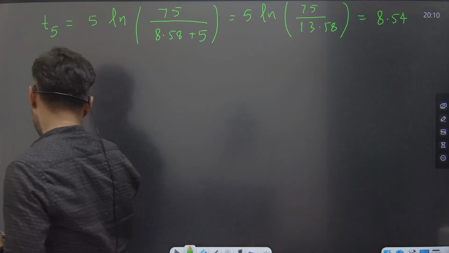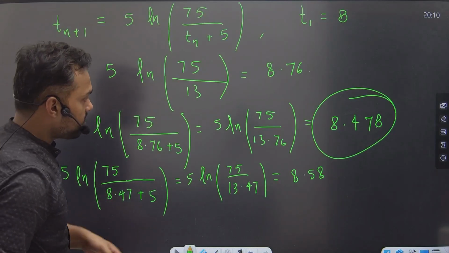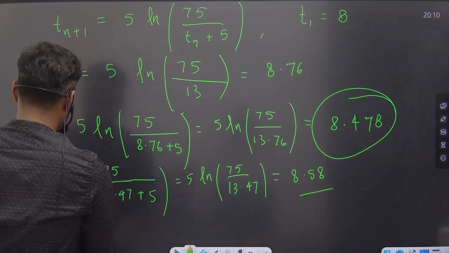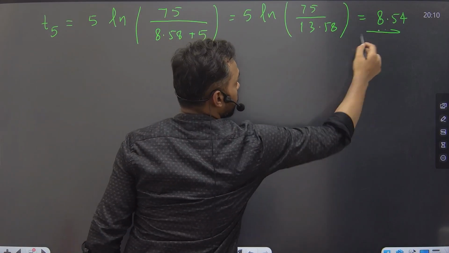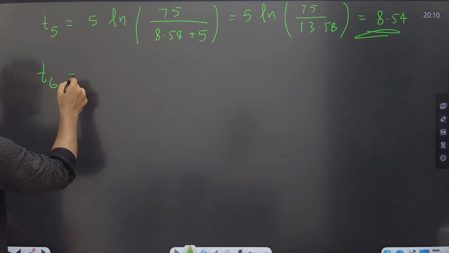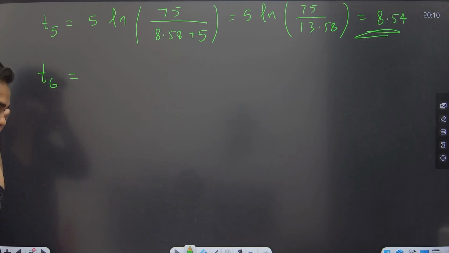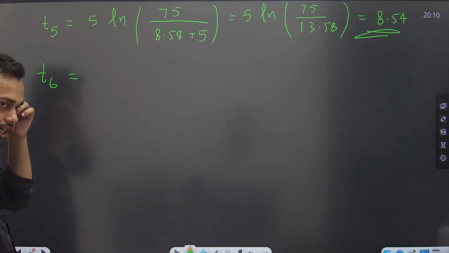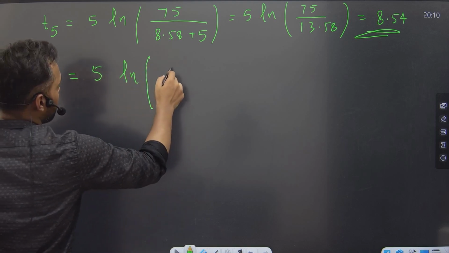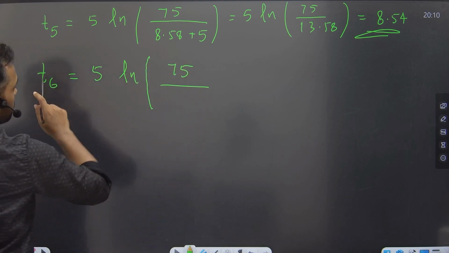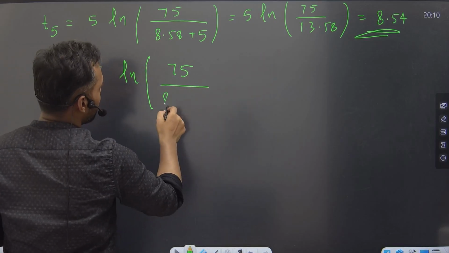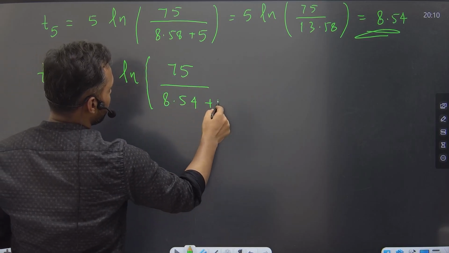Now here we can say that it is getting repeated at this particular point: 8.58, and now again we have got 8.54. Similarly, for t6 it will be t5 plus 5, t5 we have got 8.54, plus 5.